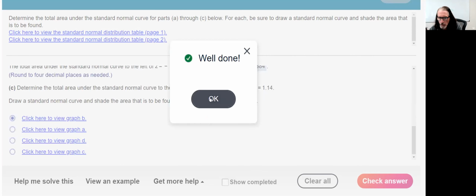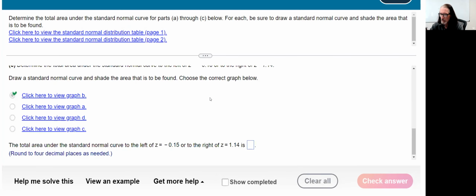So negative 0.015 and positive 1.14 there. Let's look these up.